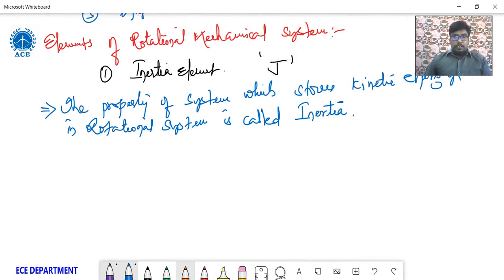What are the units for inertia? We'll discuss that while writing the torque equations.